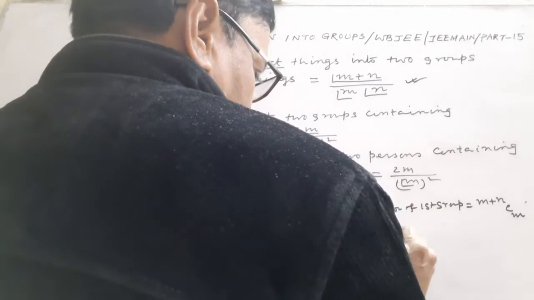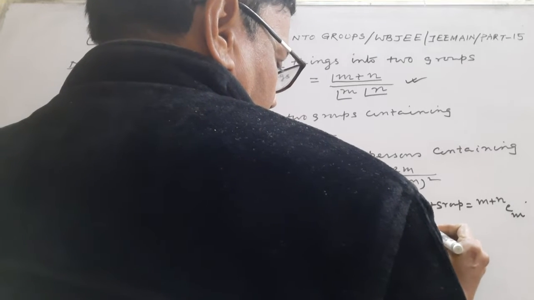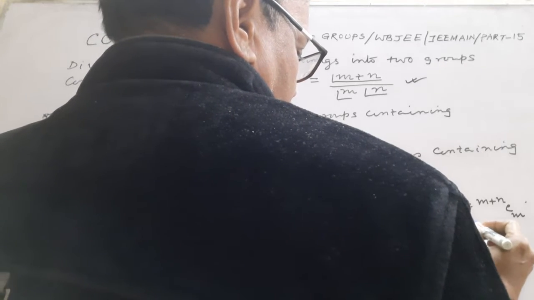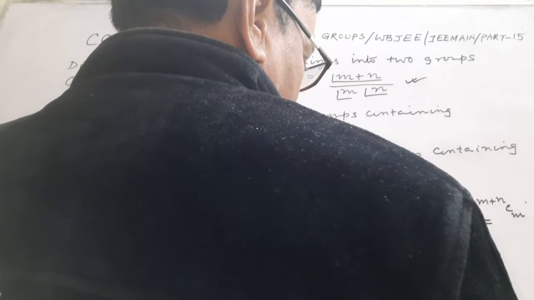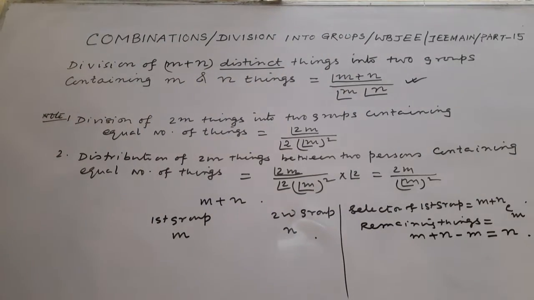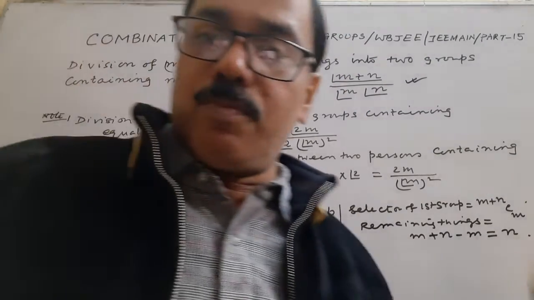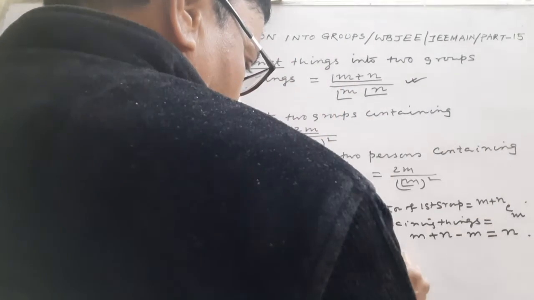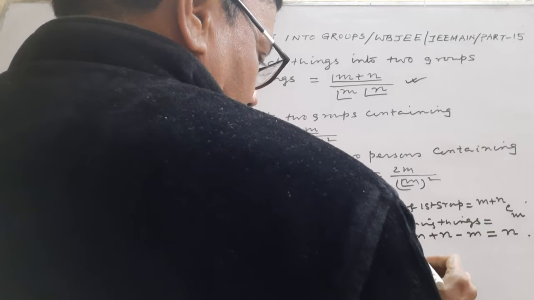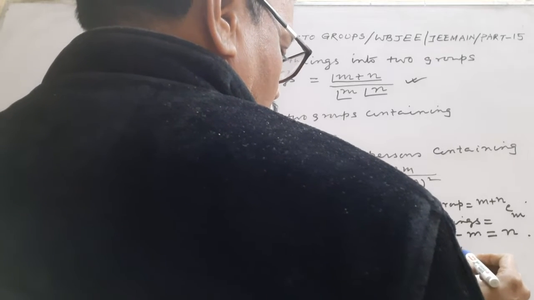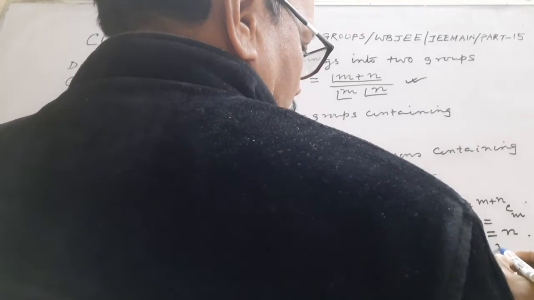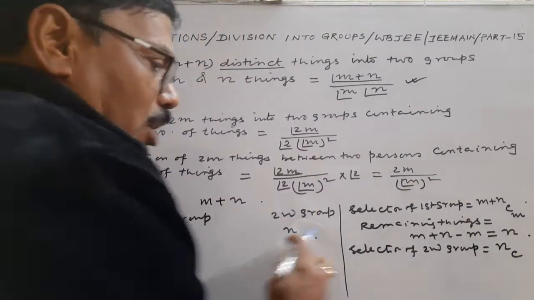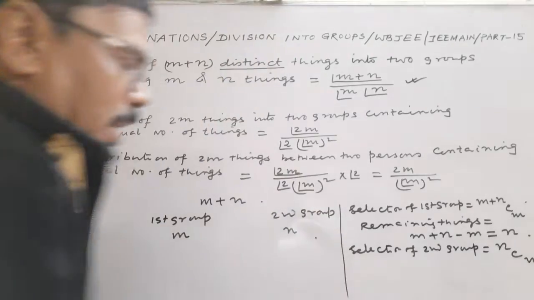Now remaining things. m plus n is total things and we have used m. So remaining things is n. So from the remaining things you have to select the second group. So selection of second group equals n c n.